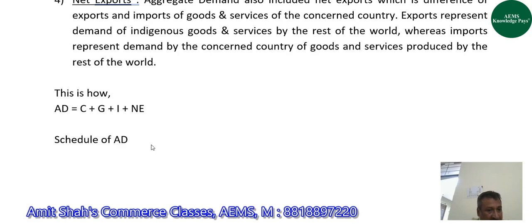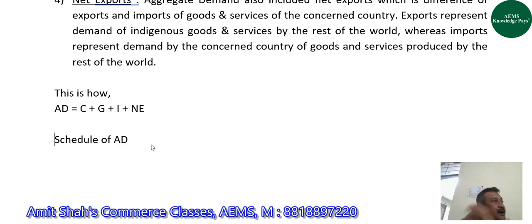If we talk about a family, any of our families, then we decide our demand based on our income. The same way, at the national level, aggregate demand has a lot to do with income. In fact, it has a direct relationship with income.